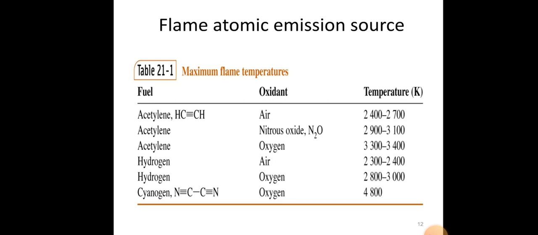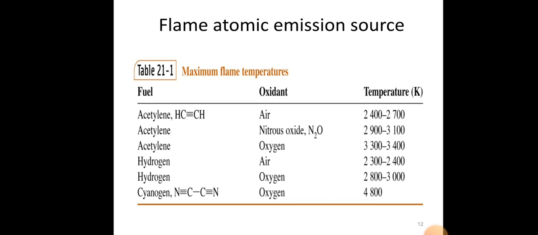These two flame types, I mean acetylene-air and acetylene-nitrous oxide, are the most commonly used flames in atomic spectroscopy. But we have other flames that may be used in some cases. For example, acetylene-oxygen, hydrogen-air, hydrogen-oxygen, and cyanogen-oxygen.